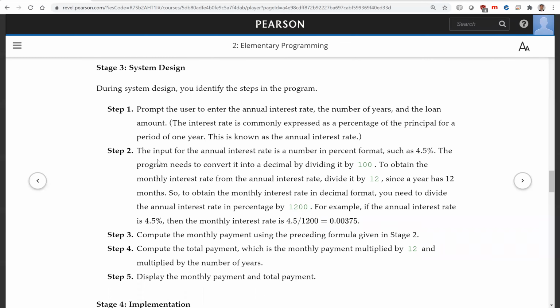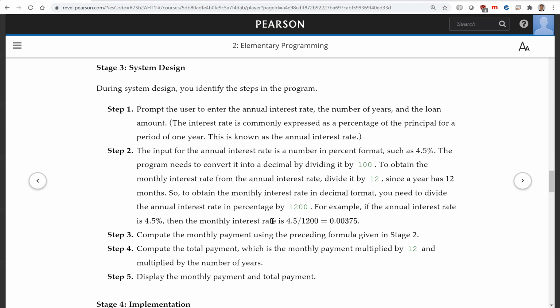Step 2, the input for the annual interest rate is a number in percent format, such as 4.5%. The program needs to convert it into a decimal by dividing it by 100.